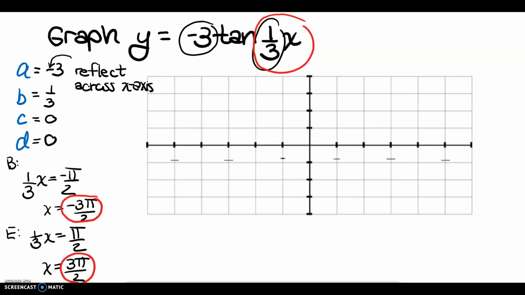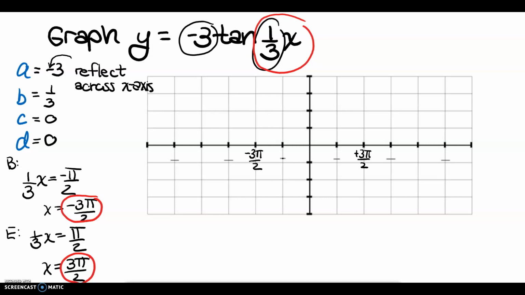So I'm just going to mark it like I did on the last one, negative 3 pi over 2 and positive 3 pi over 2. I'm going to mark off 1, 2, 3, 4.